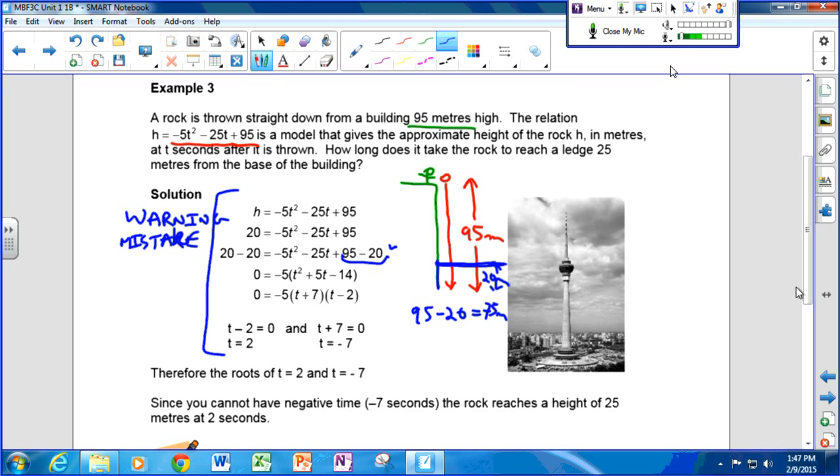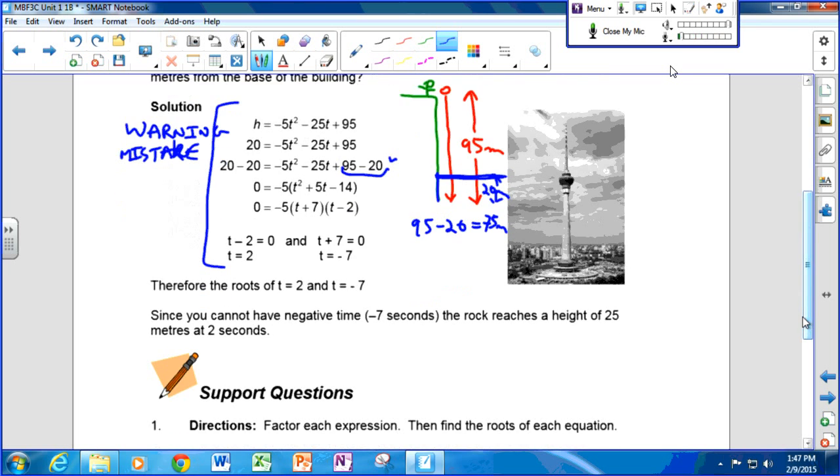So what we're saying then is, normally we want the 0, but in this case, this is h and this is t, and what we want to know is when does the parabola cross the 20 line.